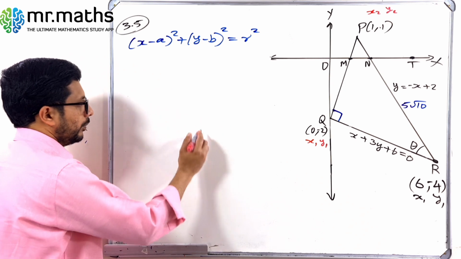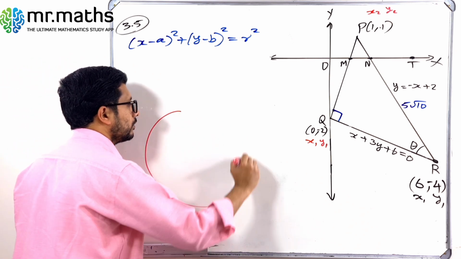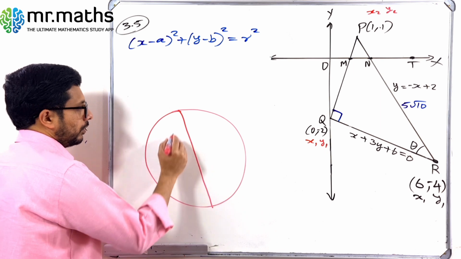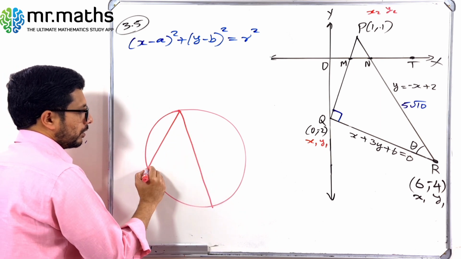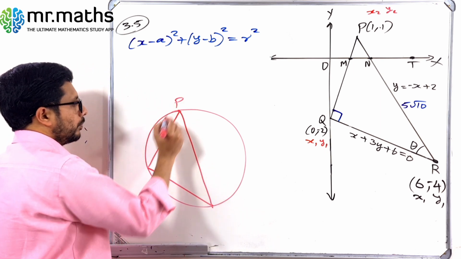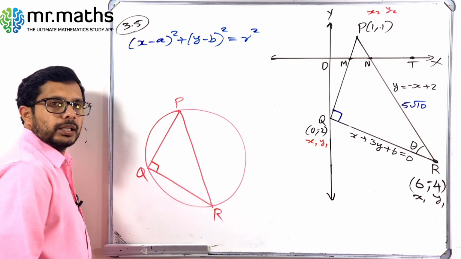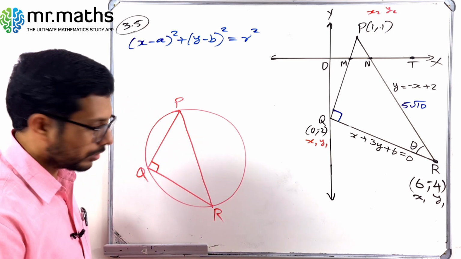Sorry guys, let me draw that circle once more. Assume that this is the circle, this is our PR, this is PQ. So this is PQR, and we proved that this angle is 90 degrees.